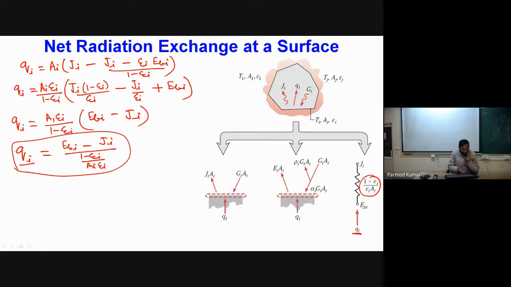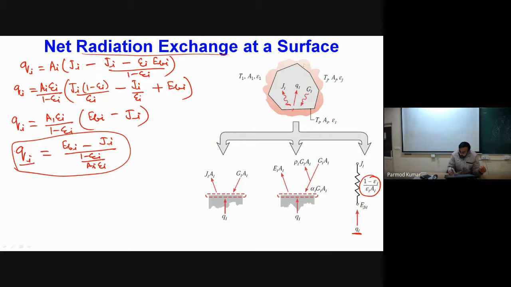So over here, if you see, now we are only talking about the net radiation exchange that is happening at a surface. Okay, so how this surface is actually interacting with the irradiations, but how these radiations are falling on another surface and how that is interacting, that is something which we have not considered over here.